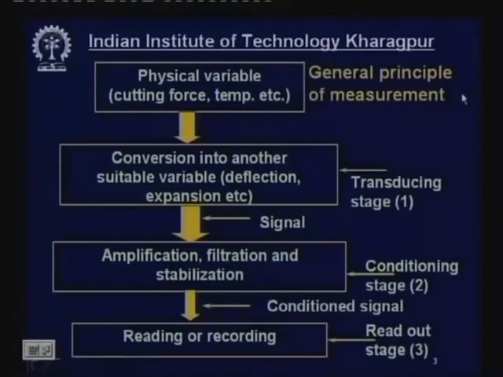Now, come to the general principle of measurement, how things are measured in any measurement process. Now, the physical variable, say cutting temperature or cutting force. Here the cutting force is a physical variable which we would like to measure, but it is neither visible nor can you grip it by your hands.